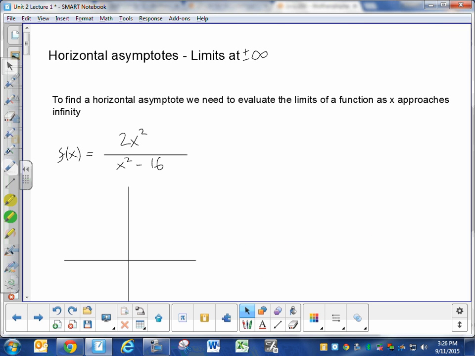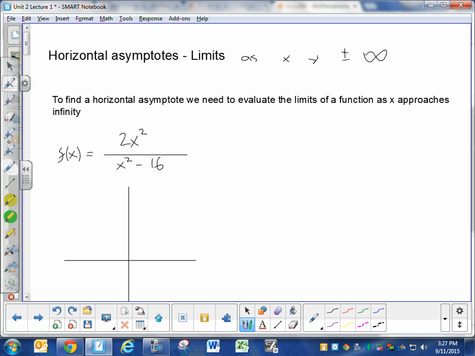Limits as x approaches positive and negative infinity. Okay, now you will be asked questions later in this course once we start reviewing things, and you are going to completely forget this fact: if you are asked to find a horizontal asymptote, you need to evaluate the limit as x approaches positive infinity and negative infinity for whatever function.